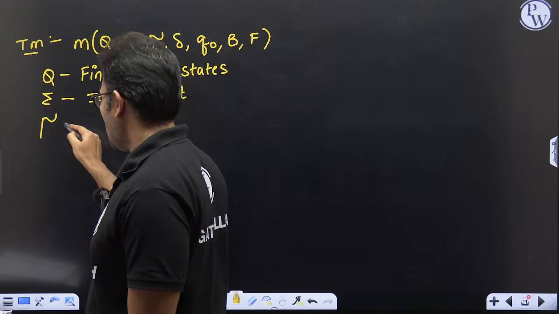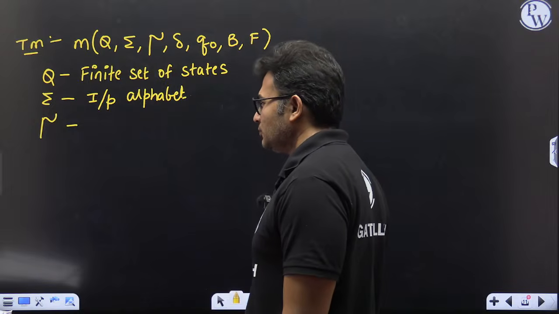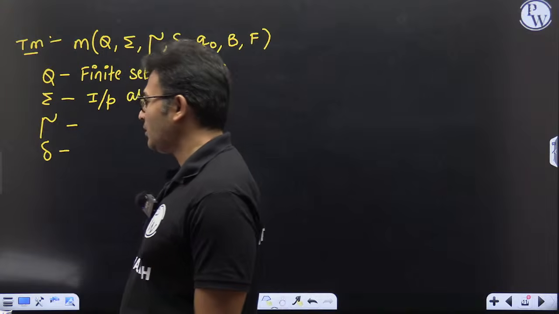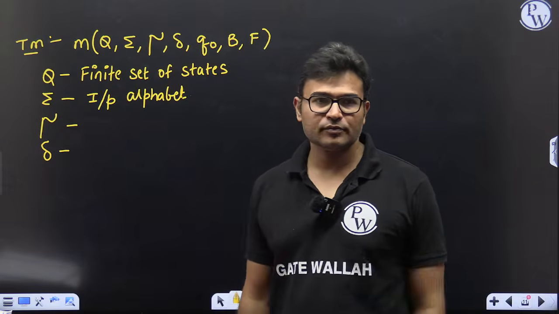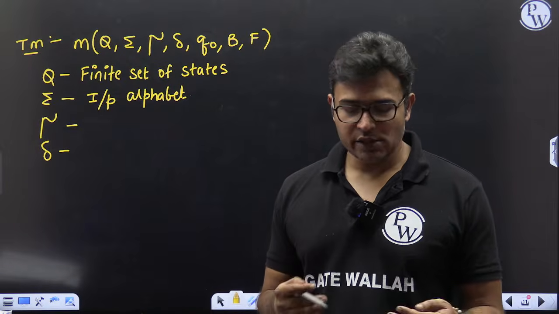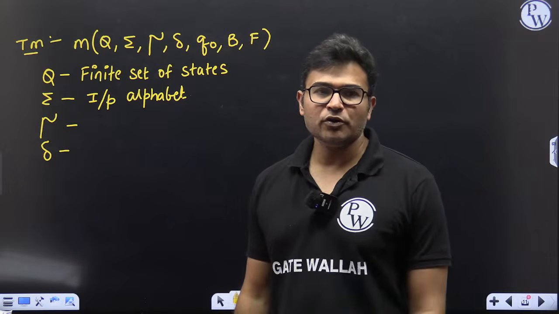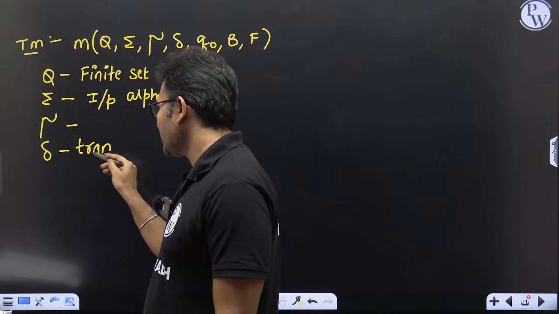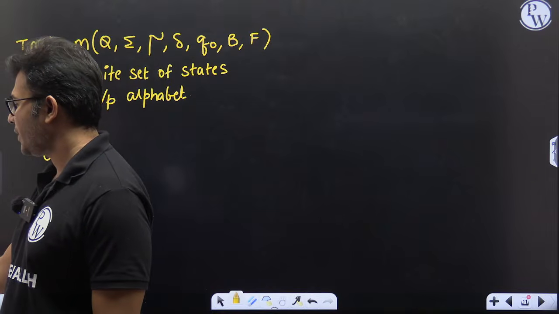This tau or gamma, you don't know about it yet. Let's leave it. What is delta? Delta you have seen in many places. Now you are seeing all the common things first. Later we will see the things that are different. Very good. Delta is the transition function. From one state, how we are transitioning to the other state.